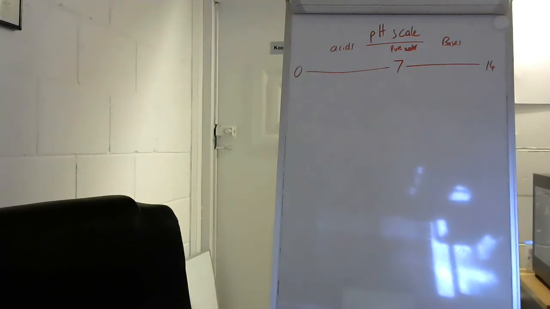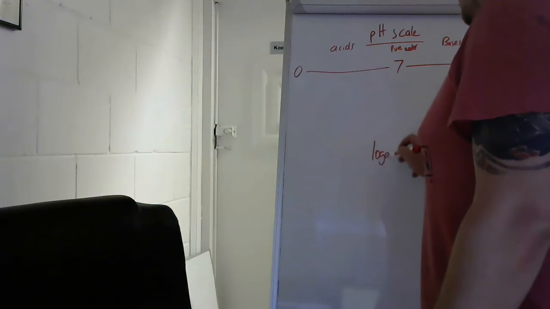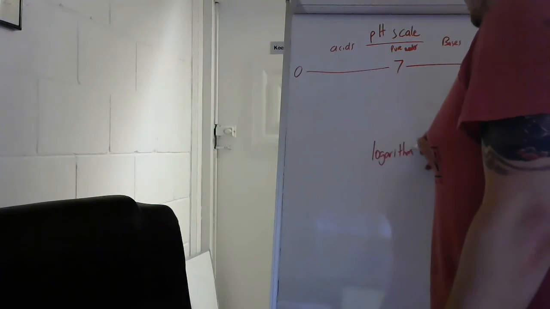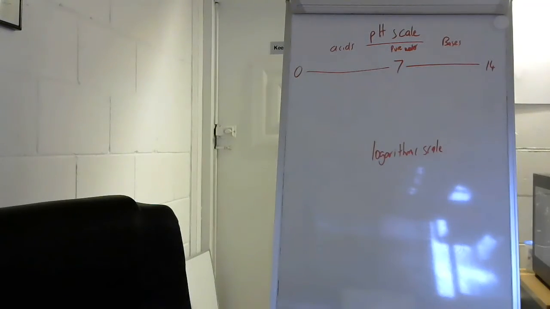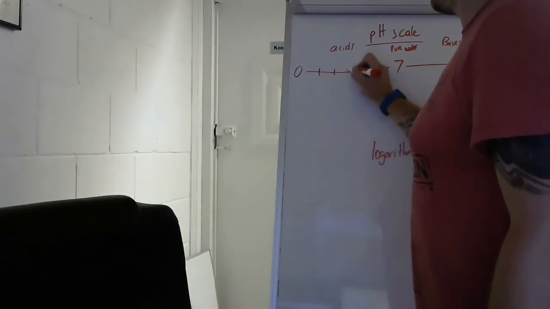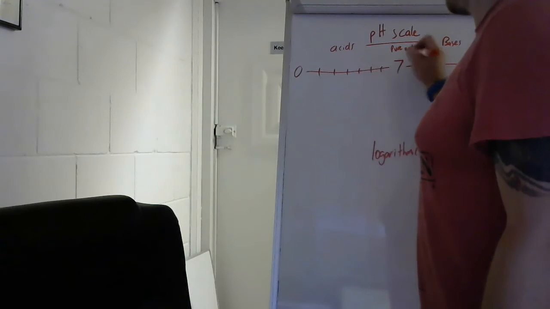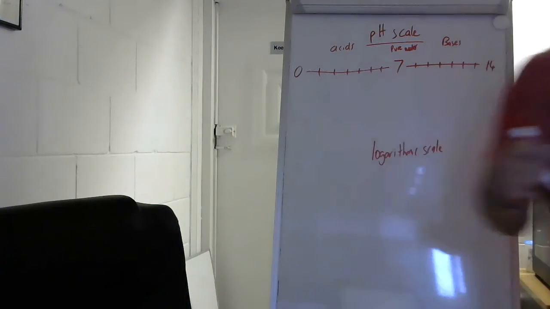All right. So acids sit at 0. Now this is a logarithmic scale. And that means that pH 1, 2, 3, 4, 5, 6, 7, 8, 9, 10, 11, 12, 13, 14.